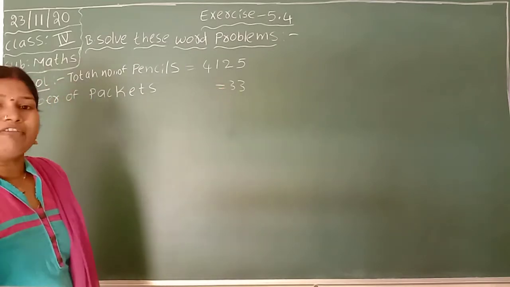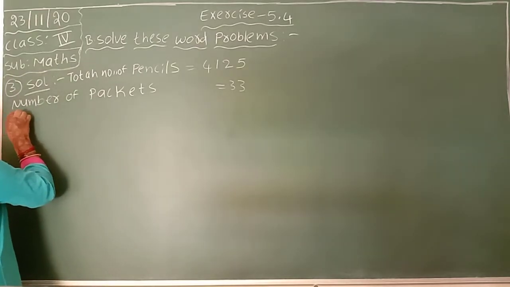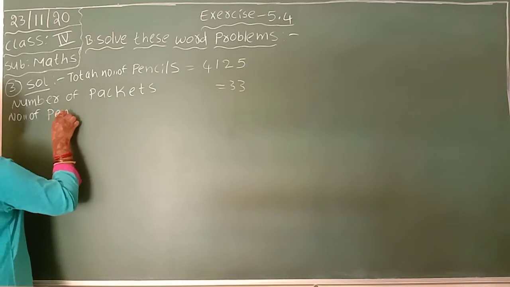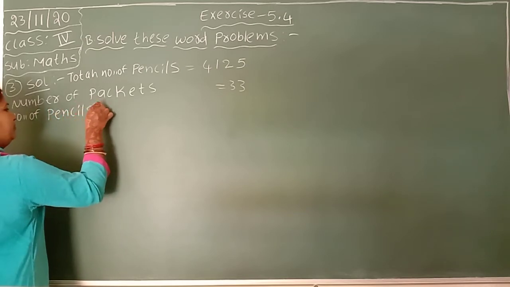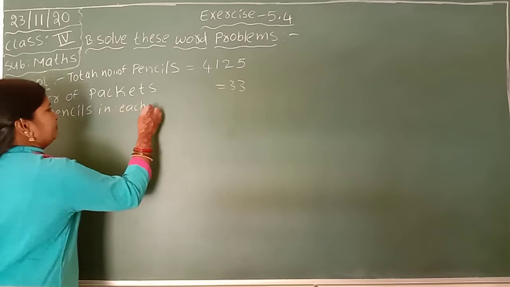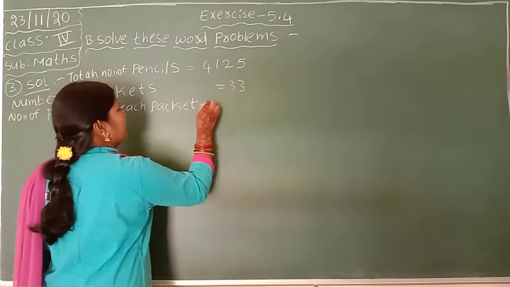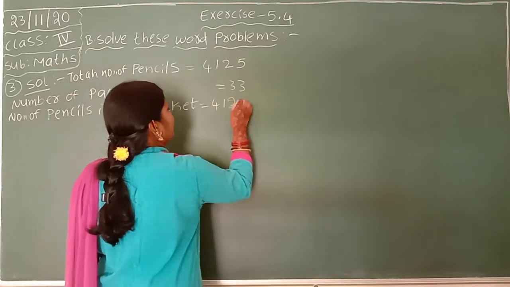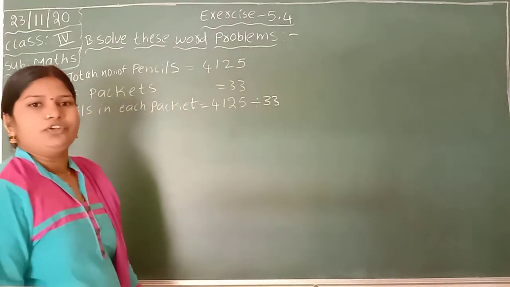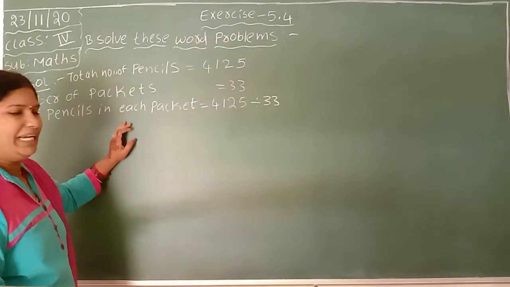Now, number of pencils in each packet is equal to 4125 divided by 33. Now we can do the division, then we will know how many pencils are there in each package.